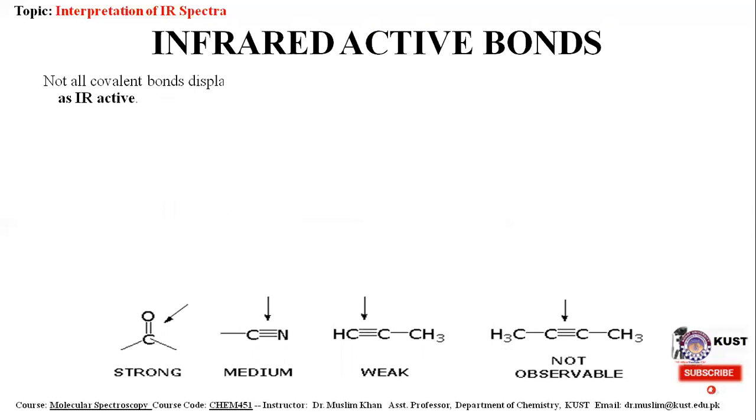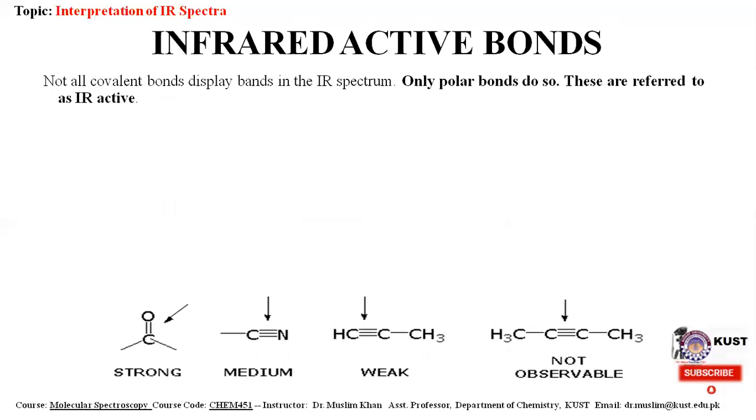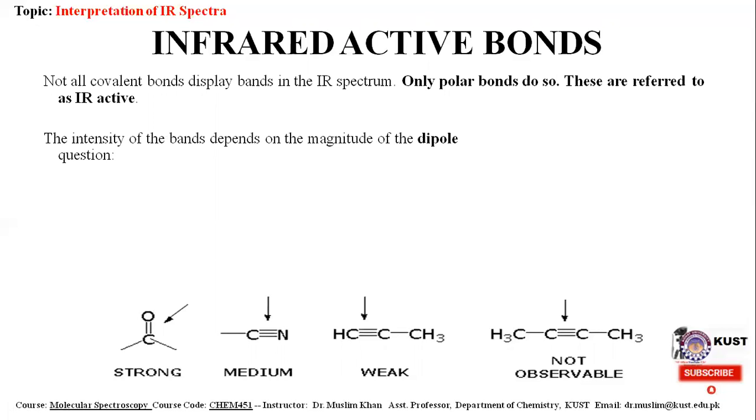Regarding infrared active bonds, not all covalent bonds display bands in an IR spectrum. Only polar bonds do so. These are referred to as IR active bonds. Some of the bonds are not IR active. Some show a very weak band and some show a medium or a strong band.